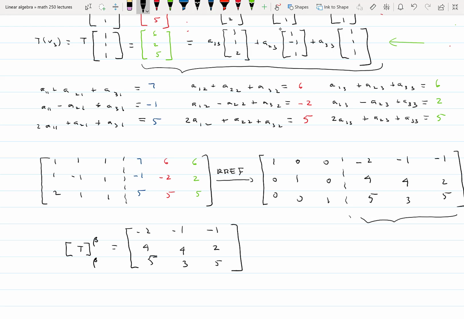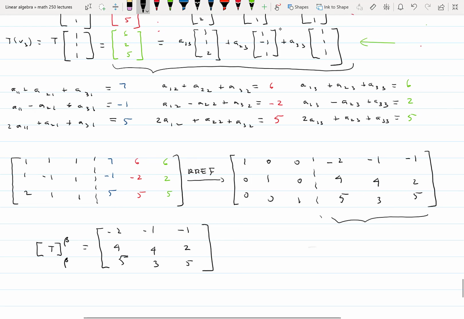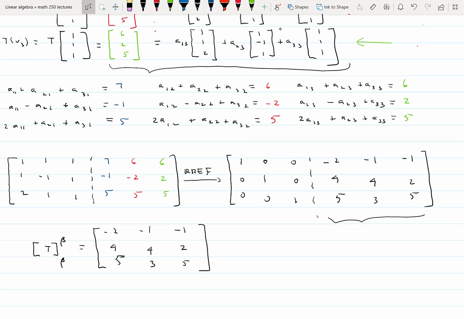Column wise. Okay, but notice when our basis vectors are not the standard basis vectors, it's not simple to find the matrix of a transformation. Okay. We have one more part to this.